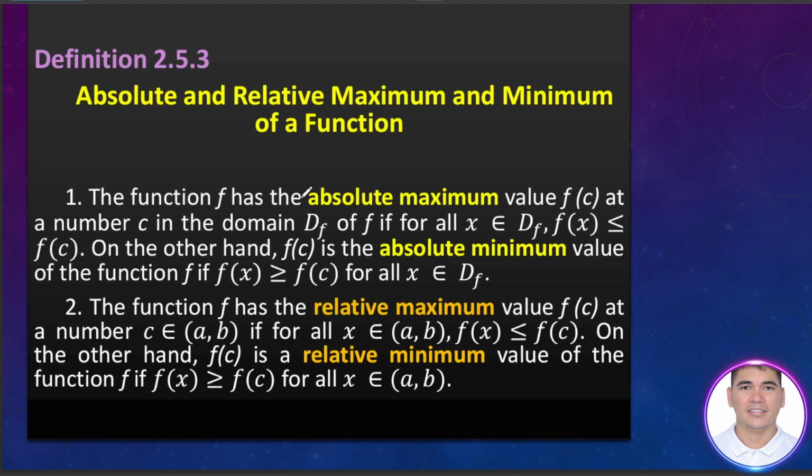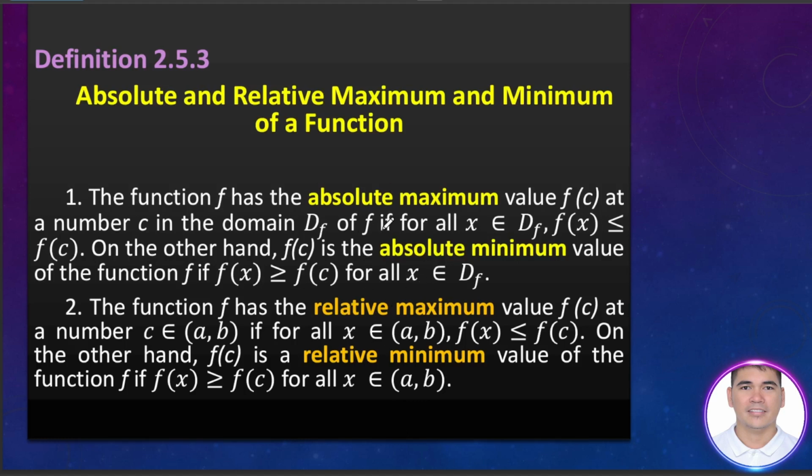If for all x an element of the open interval AB, f of x is less than or equal to f of c. On the other hand, f of c is a relative minimum value of the function f if f of x is greater than or equal to f of c for all x an element of an open interval AB. So when we say absolute, that is a big difference from the relative maximum.